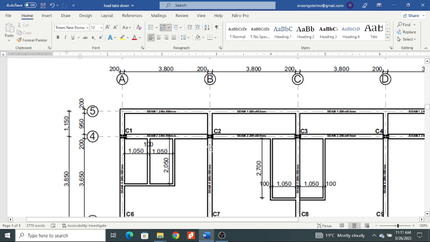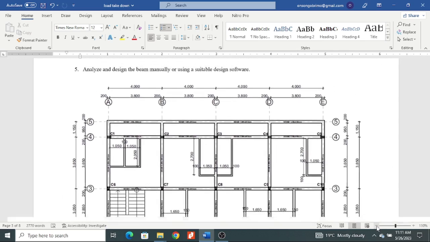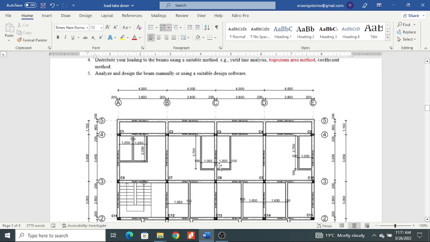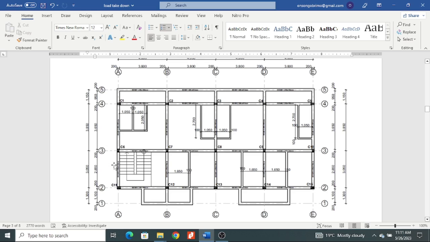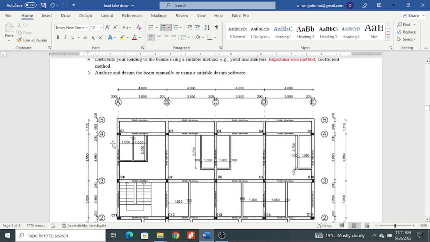And then identify all the grid lines in both directions, along the x direction and along the y direction, and also come up with dimensions of any other important features you want to note in your structure.